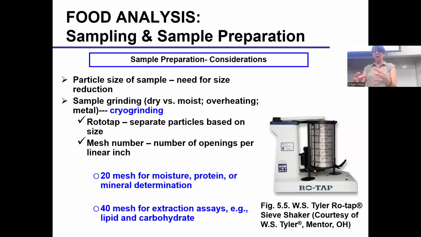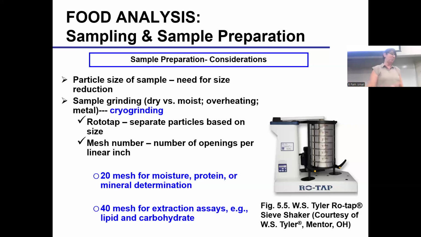You can take your sample that is high in moisture, sticky, put it in the freeze dryer, take it out, and then grind it dry. But then you always have to account for the moisture. One thing you can do, you can weigh the sample before you put it in the freeze dryer, take it out, weigh it again, so you can account for the moisture content. So remember this for your capstone.